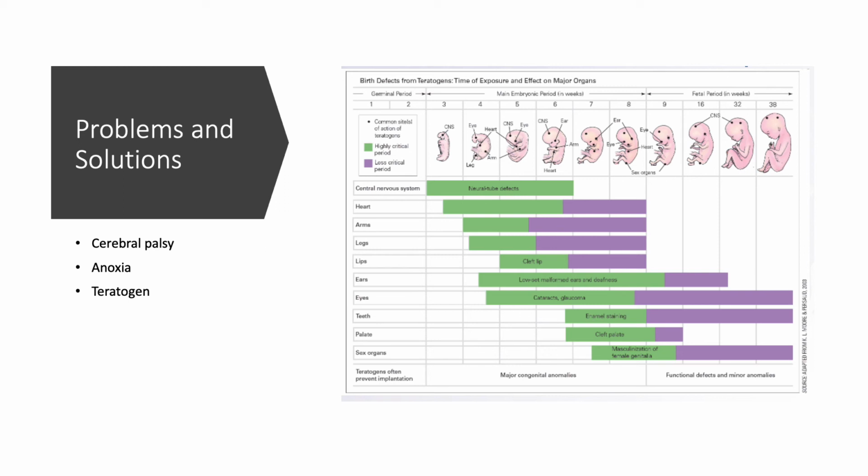And third, there is always the innate vulnerability, in other words, genetic predisposition to whatever the impact of the substance may be. We need to remember all three when we are providing care for pregnant women.